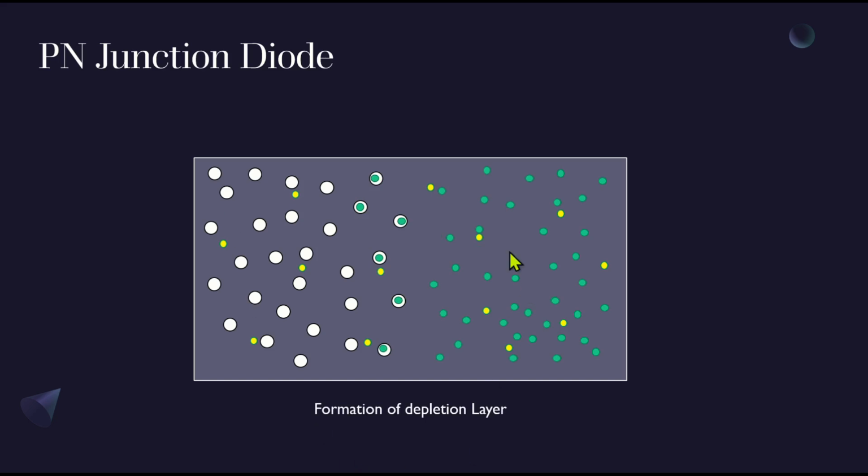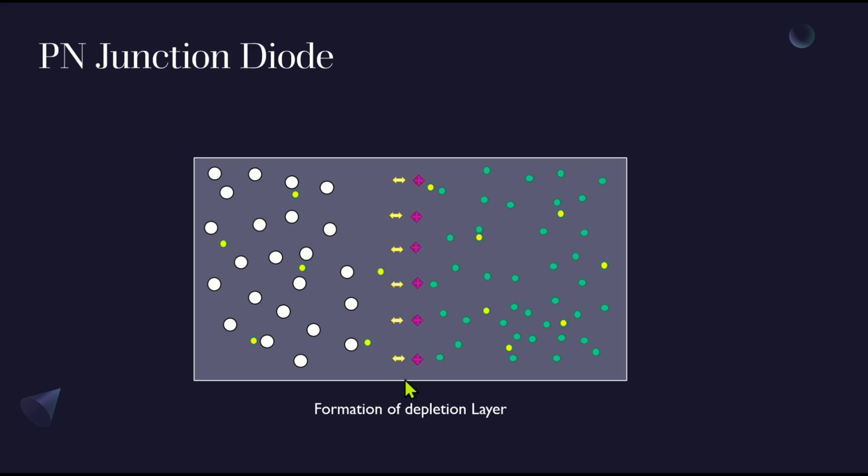Whenever an electron moves from n-type to p-type, it leaves a positive charge ion on the n side, and similarly, after accepting the electron, the holes generate a negative charge ion on the p side. So these charges get aligned at the boundary.